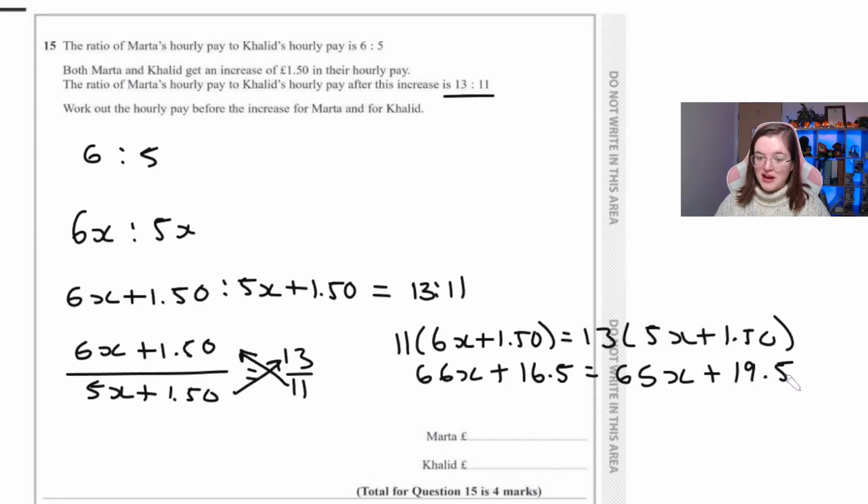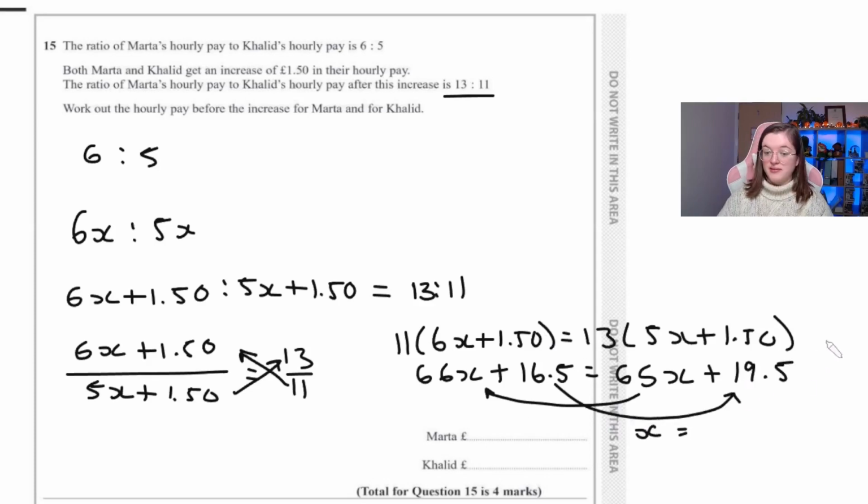And then I want to rearrange this. I'm going to move that over there to just give me x, if I just take it away. Equals then, if I move that over there, 19.5 minus 16.5, which is 3.